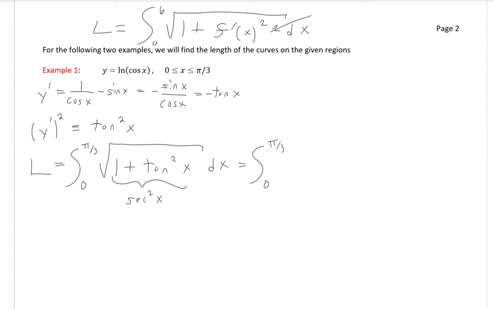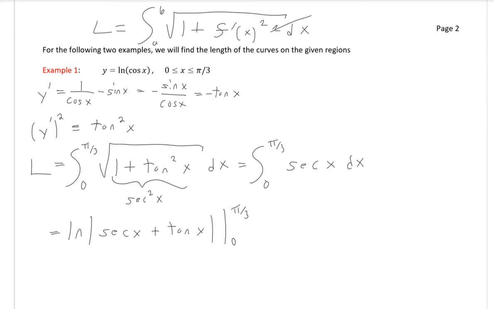The square on secant will cancel out with the square root. So we get just the integral of secant of x dx. And then the integral of secant of x is the natural log of absolute value of secant x plus tangent x from 0 to pi thirds.